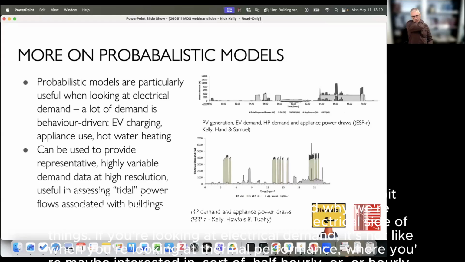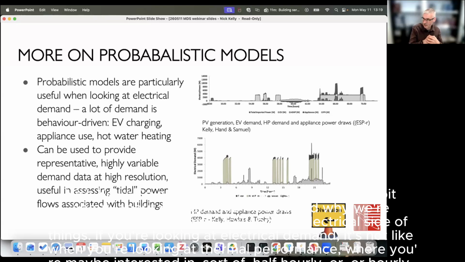So a little bit of a diversion about probabilistic models and why we're interested in them, particularly on the electrical side of things. Electrical demand is not like thermal performance, where you're maybe interested in half-hourly or hourly.